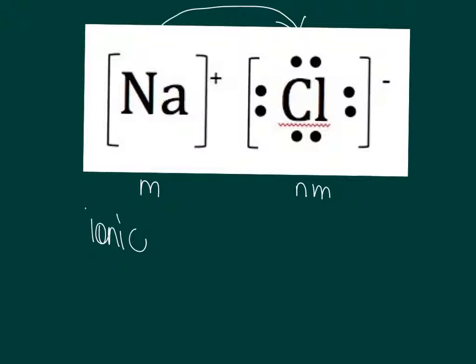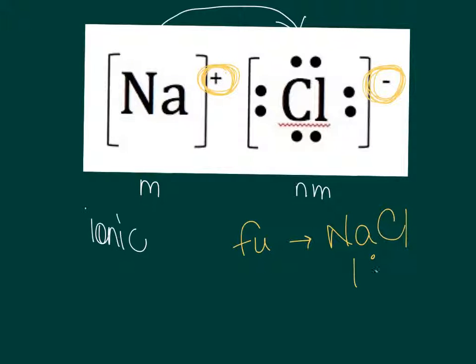But what's really important here is that sodium gave it up and became positive, chlorine gained it and became negative, and then we wrote formula units, like sodium chloride, with its 1-to-1 ratio. Well, today, the ratio goes away. We are going to give you the ratio, and you're going to come up with the drawing in the same ratio as the formula that we give you.